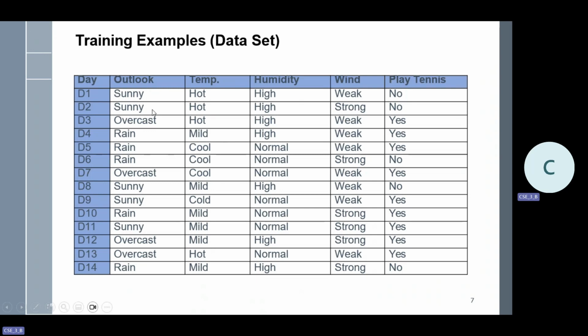Depending upon the instance and related attributes, we are able to see the label as no or yes. Since it is a binary classification, we have only two classes, the yes class or the no class. Here we are going to decide whether a person is going to play tennis or not. Depending upon the conditions, that is the weather conditions, we see how we end up with a decision on whether the tennis game can be played or not.